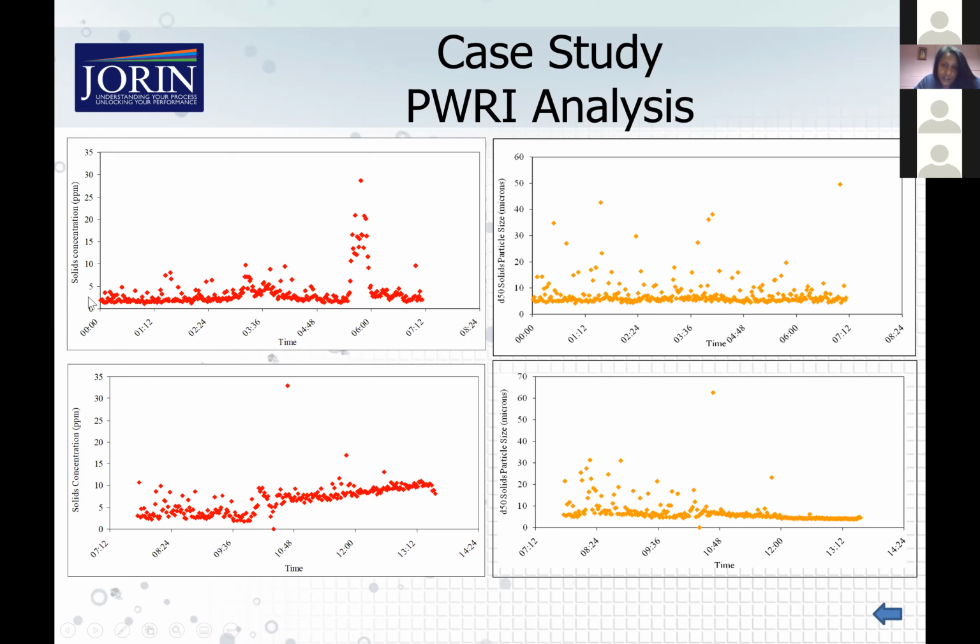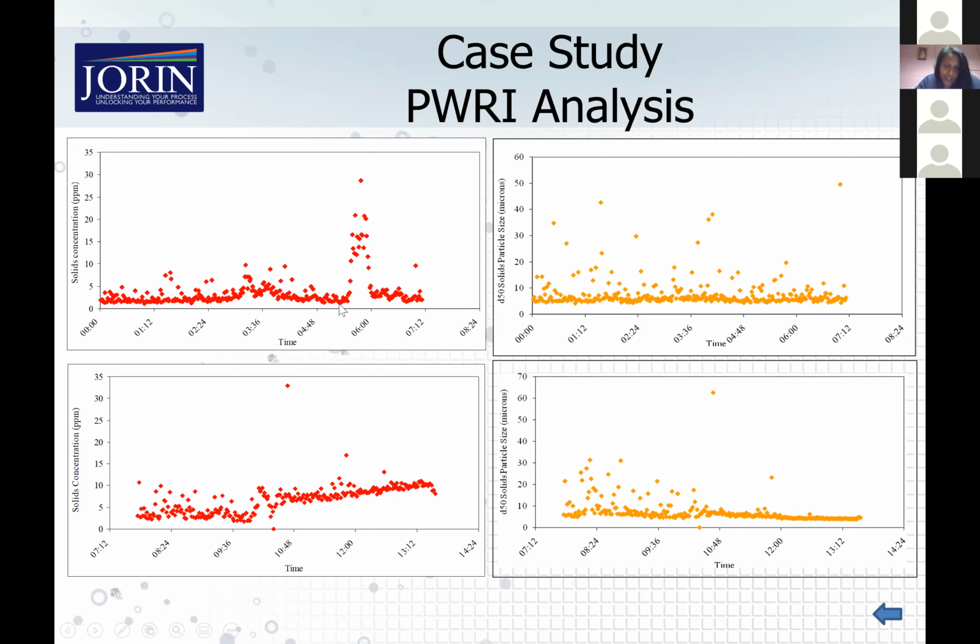So their reinjection concentration specification was actually about 5 ppm solids. So we're monitoring just to see if the desander is working and they're meeting their spec. In this first graph here, more often than not, at 5 ppm, we are below that limit. What actually happens is they do need to backflush their desander, and I believe they do it once a shift, so that's about twice a day.